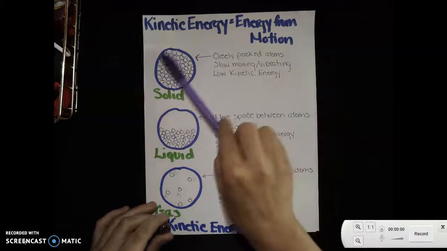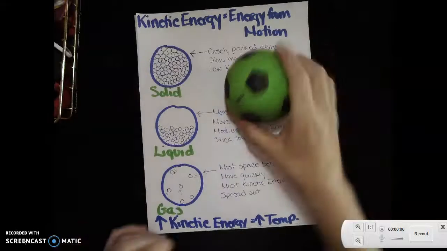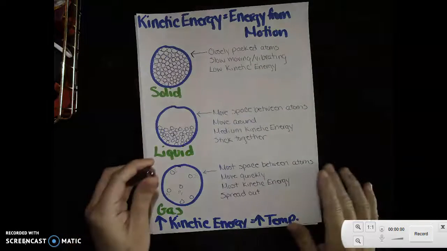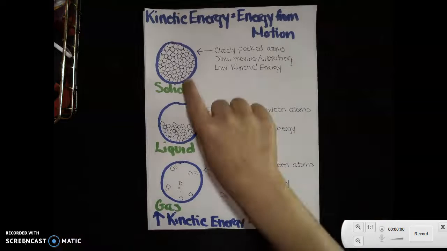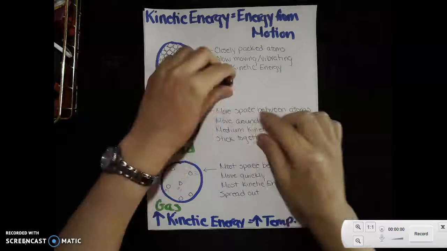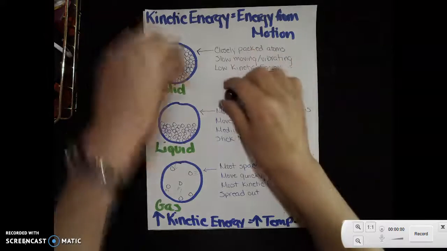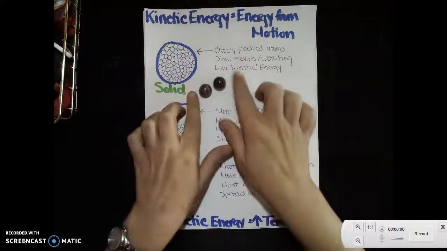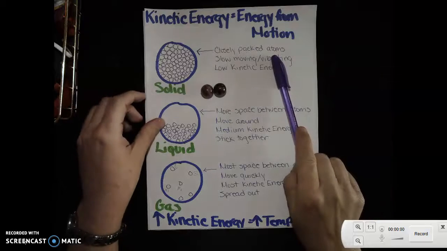This is an example of any circular solid, so maybe like this ball. If you get a really intense microscope and you look deep, deep down, every one of these circles represents an atom. And these marbles are going to be part of our atoms in here. We can see that they're all closely packed together.